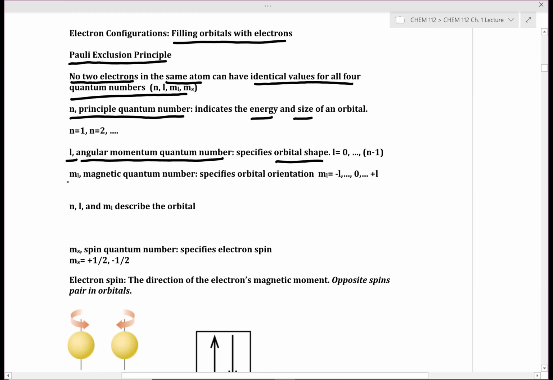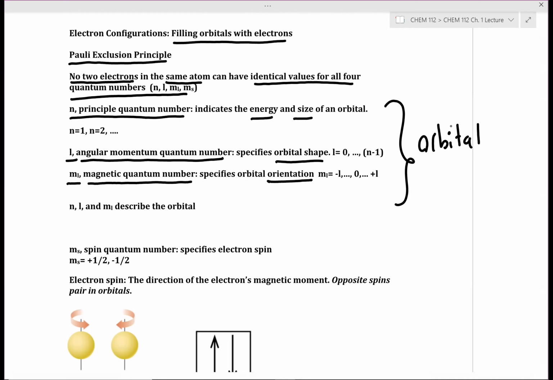ML is described as the magnetic quantum number, specifies the orbital orientation. Now, the reason why I've grouped all of these quantum numbers together is these 3 quantum numbers can best be described as looking at the orbital. The last quantum number describes the exact electron in a given orbital.